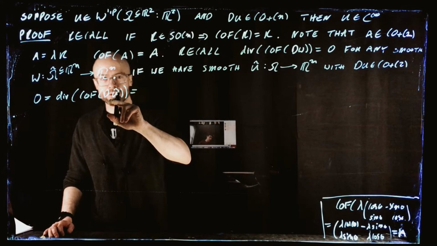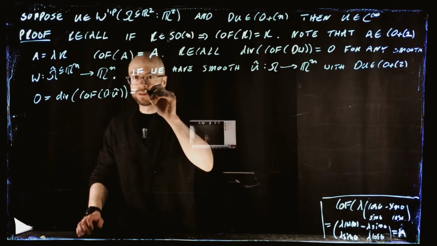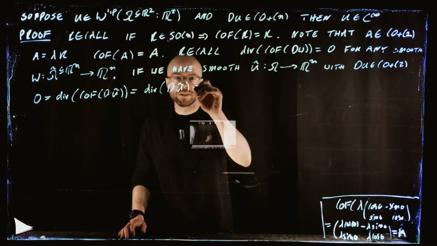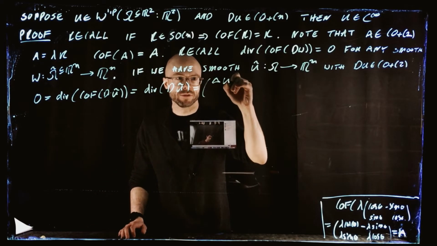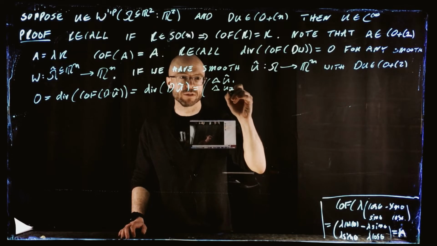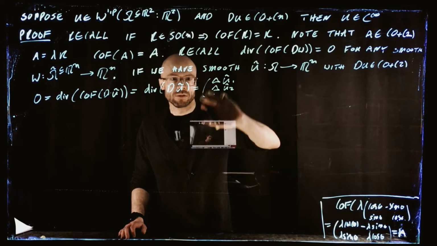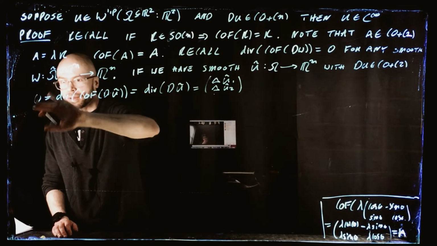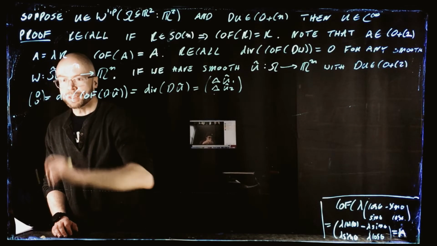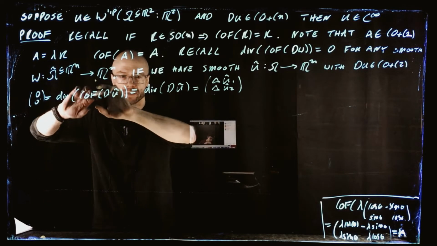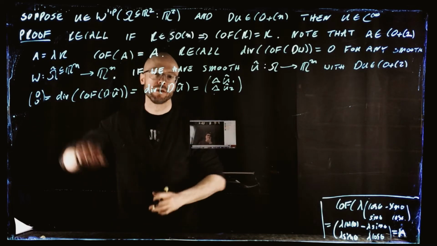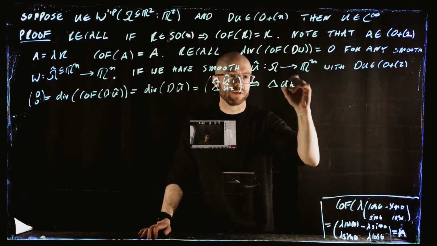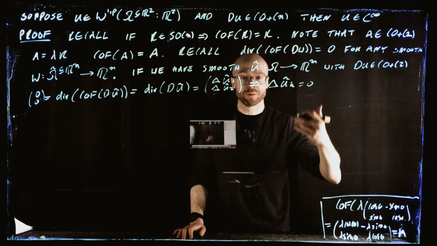Because of this fact, the cofactor of the gradient of U tilde gives the same as the divergence just of the gradient of U tilde, and that is the same as taking the Laplacian of the first coordinate of U tilde, the second coordinate of U tilde, and so on. That's all because we're doing this 2 by 2, right? And this, of course, is meant in the vector sense: the divergence of a matrix is the divergence of the first row, the divergence of the second row. So, writing it again, each component equals 0, each component is harmonic, right?